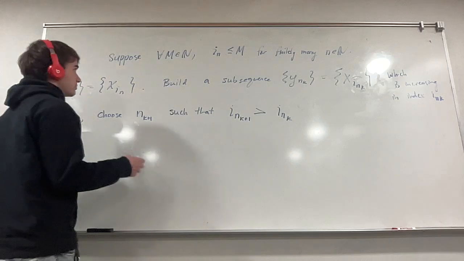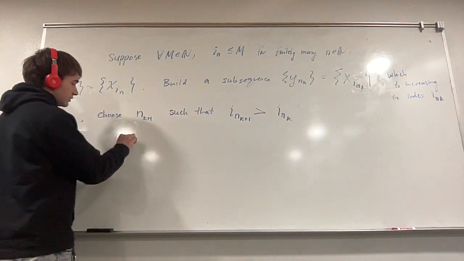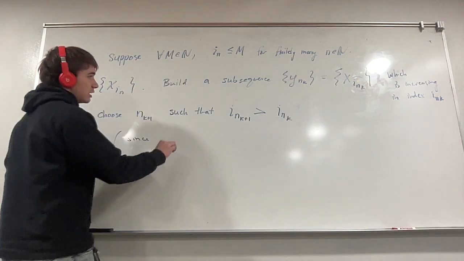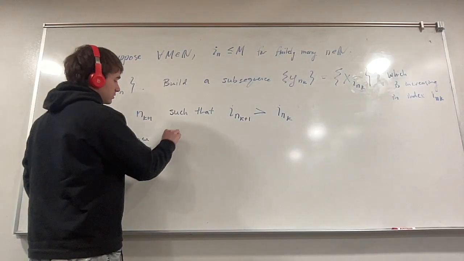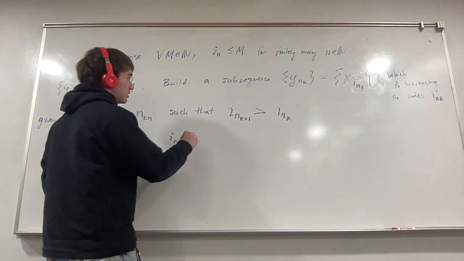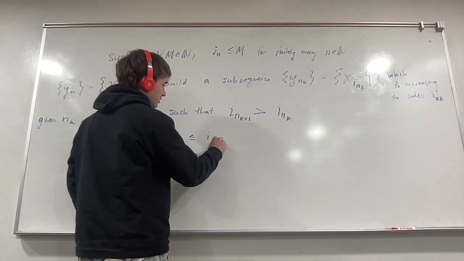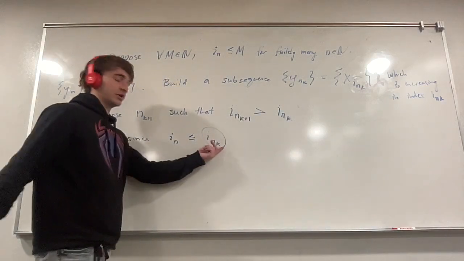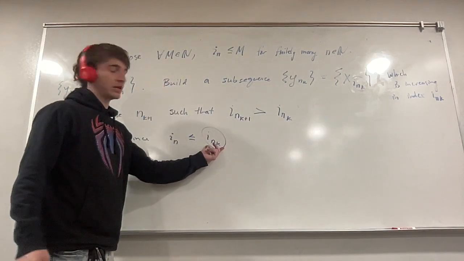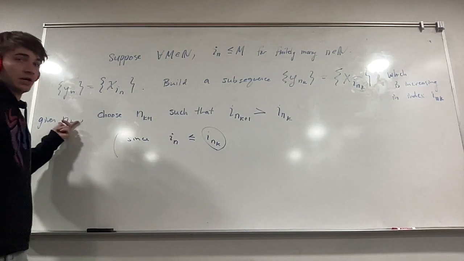Let me elaborate that because that is maybe a little bit confusing. Since I sub n is less than or equal to I sub n sub k, this is a fixed number that I've already chosen because I've already chosen an element of my subsequence n sub k.